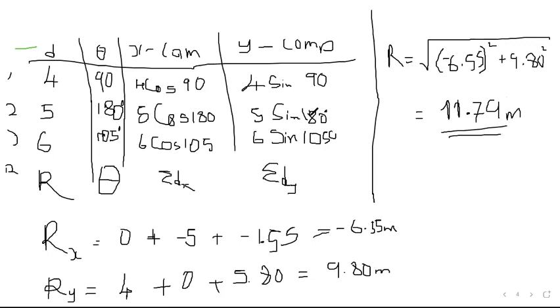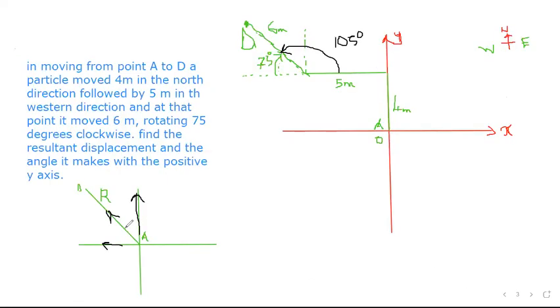Then we are being asked to find the angle it makes with the positive y-axis. In order for us to find this angle, let's consider this triangle that is here. So the angle we are looking for is that.